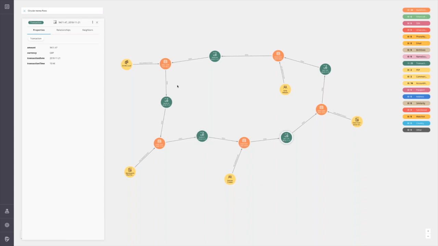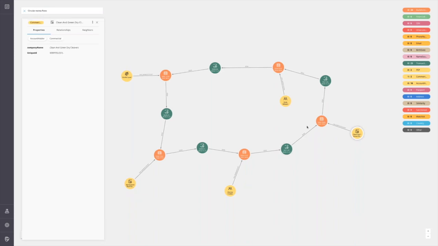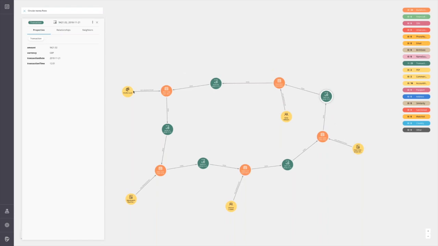Moving along, we can see a transfer at 10:44 from Charisse to another corporate account of £9,411. That's for Cleaning Green Dry Cleaners. Then we can see they transferred at 12:01, £9,421 to Dolly. And then Dolly sent at 15:37, £9,428 back to Orville Loud.